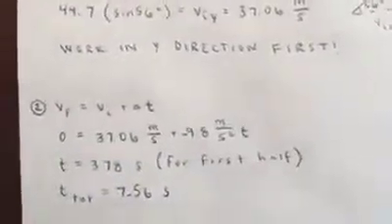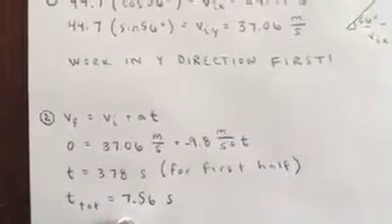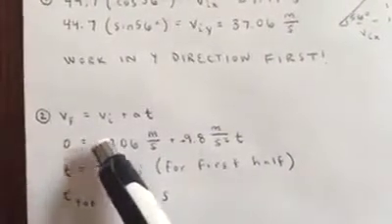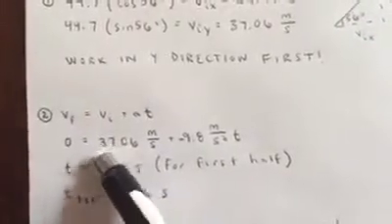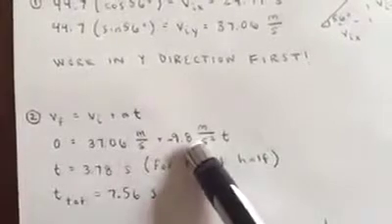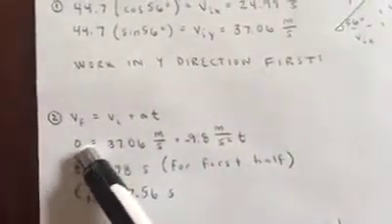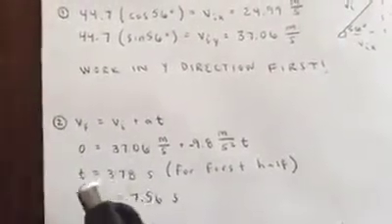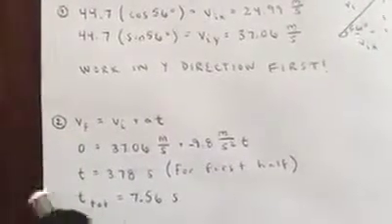So our second step is using that knowledge to figure out what the total time is. So again, we're working just in the Y direction. We use V final equals V initial plus AT. We've put in all of our numbers, so V initial Y, negative 9.8 meters per second squared to find T. You can see here V final we've used as 0 because we're just using the first half of the trajectory because we actually don't know what the final velocity is of the full trajectory.